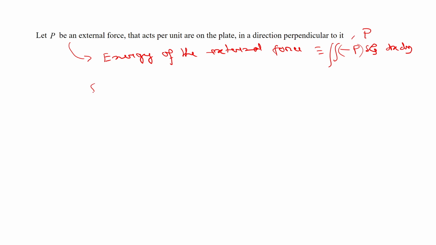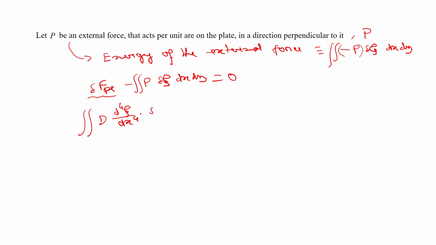So, that means delta F plate and then here it is minus P into delta zeta dx dy integrated, this is equal to 0, and this one we have just obtained, this is equal to d into d4 zeta by dx4 into delta zeta into dx into dy.